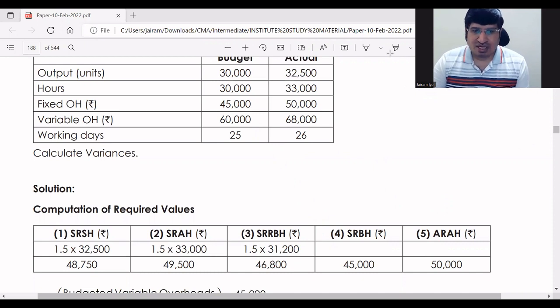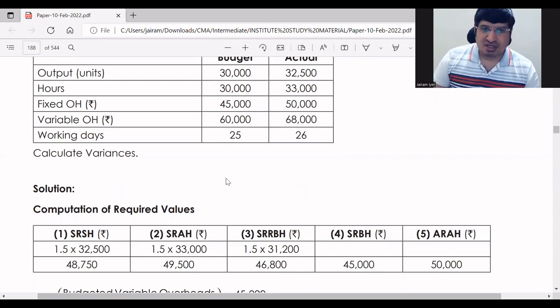Okay, so then next we want hours, standard hours for actual quantity. SH is what? Standard hours of actual quantity. So what is the hours here? 30,000.